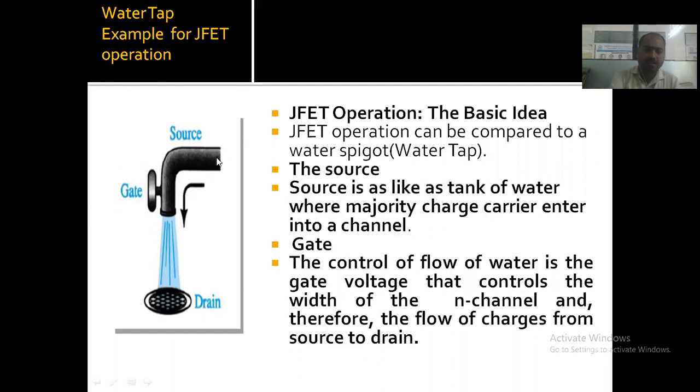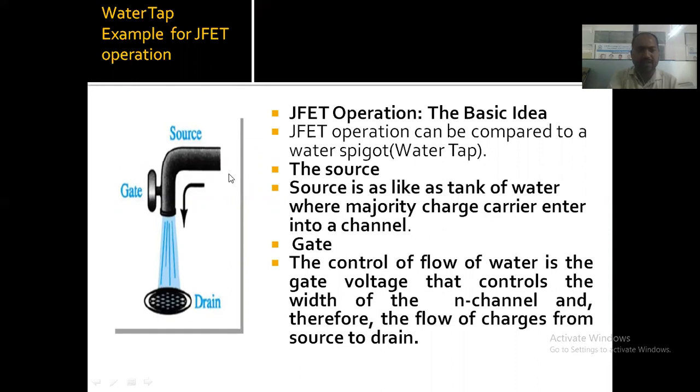See, this water tap concept is related to the junction field effect transistor, right? Source indicates that this is a water tap, connected to the majority charge carrier. It is nothing but a reservoir, a water reservoir.